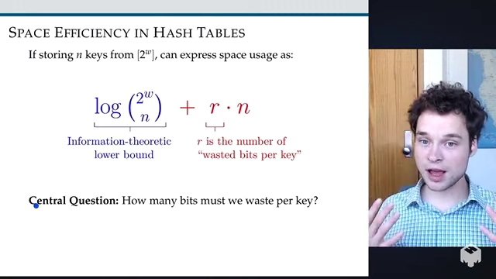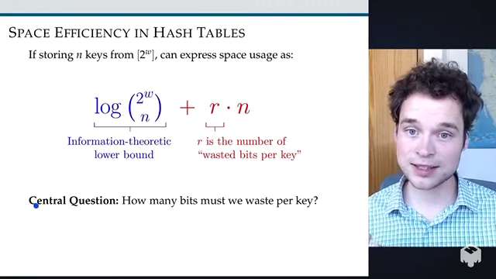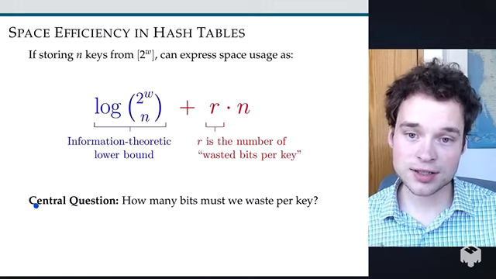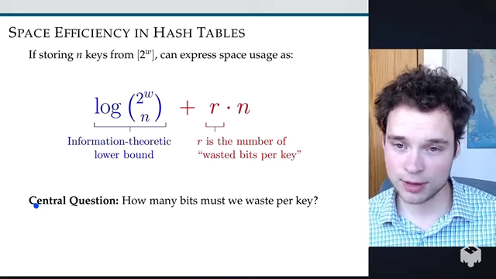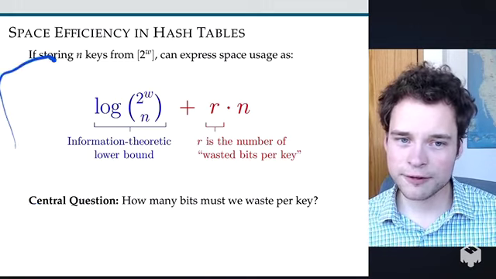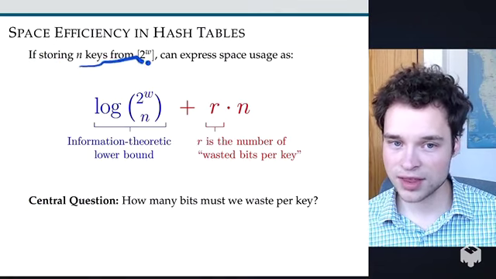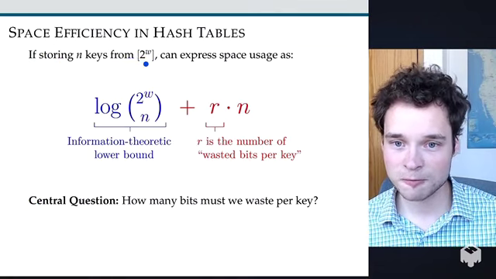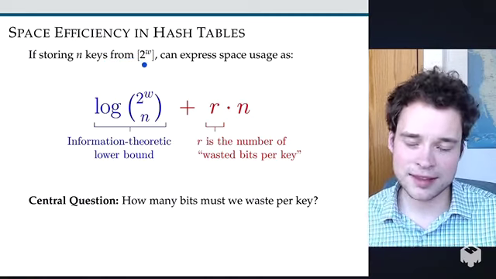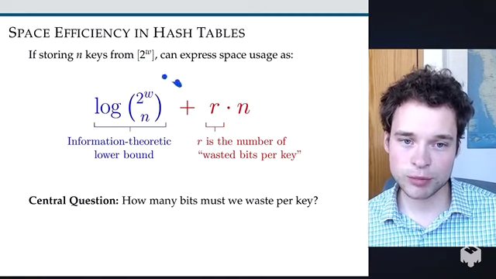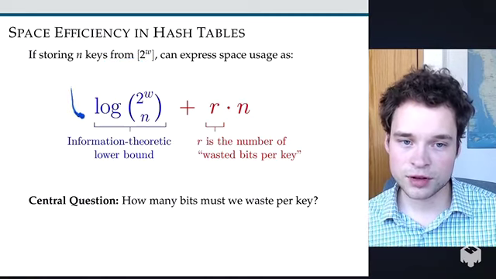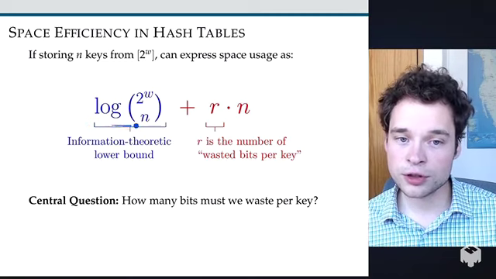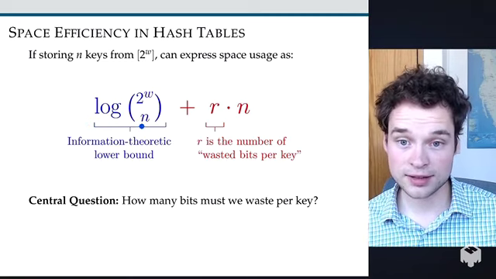And then, of course, the other subject of this paper is going to be space efficiency. So here's how you should think about space efficiency in a hash table. If you're storing n keys that are each W bits, then you can think of the amount of space that the hash table takes as consisting of two components. The first is log of (2^W choose n) bits.